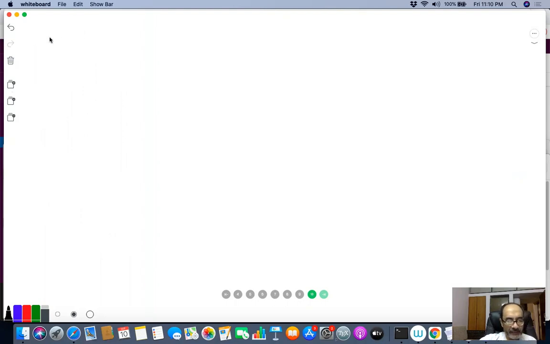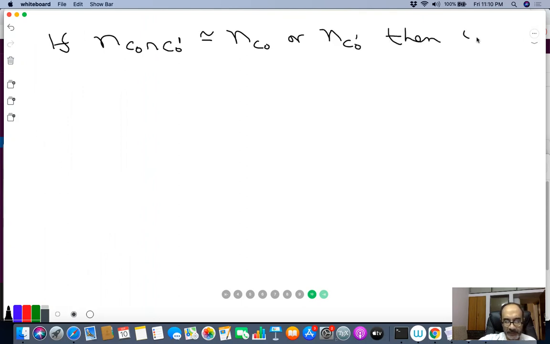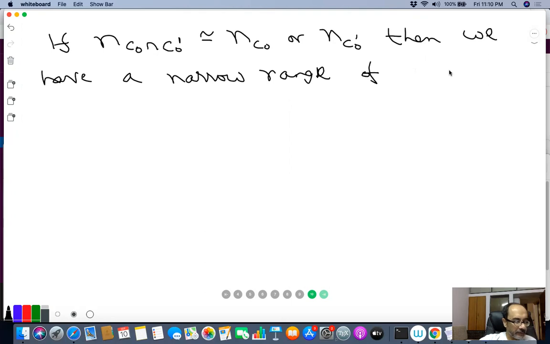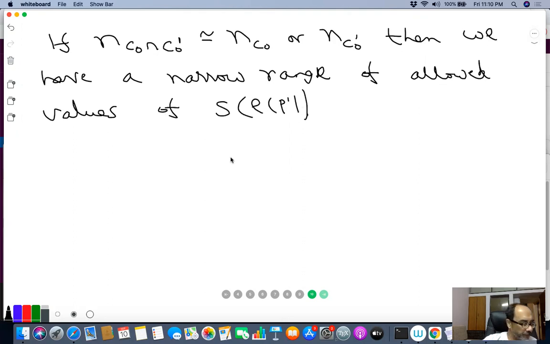So the idea is that if C naught intersection C naught prime is close to n of C naught or n of C naught prime, then we have a narrow range of allowed values of S of rho, so you can improve the bound.